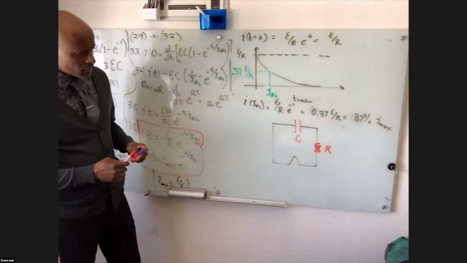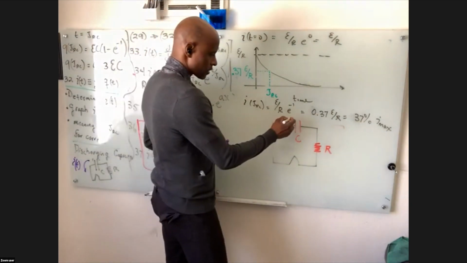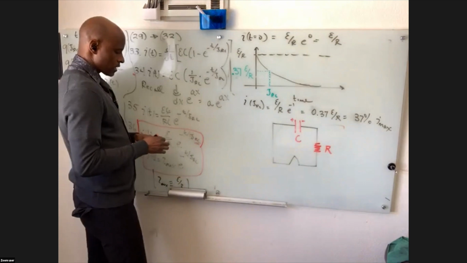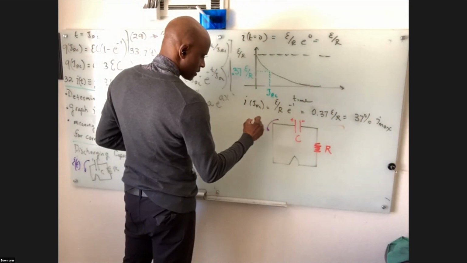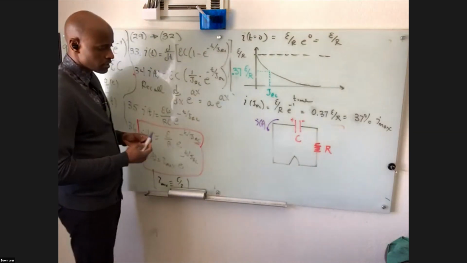So the idea here is that you take a charged capacitor, place it in a circuit, close the switch, and the current dissipates. I've tried to keep the orientation the same as the previous circuit. So the current dissipates in the counterclockwise direction. It discharges, as I said.